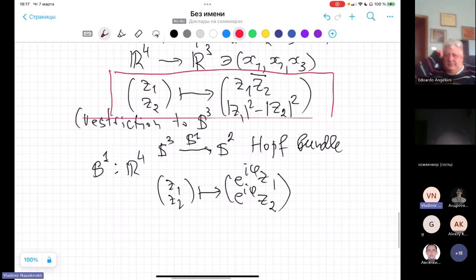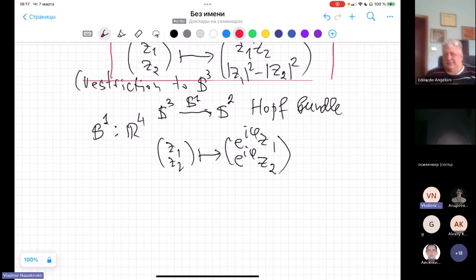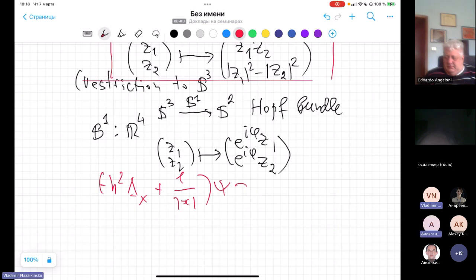So we consider this equation for the hydrogen atom. Let's multiply it by the absolute value of x.